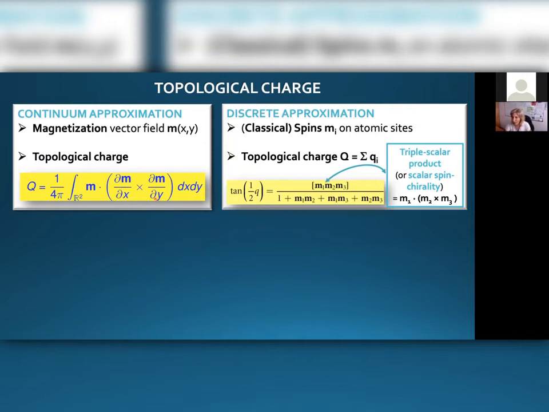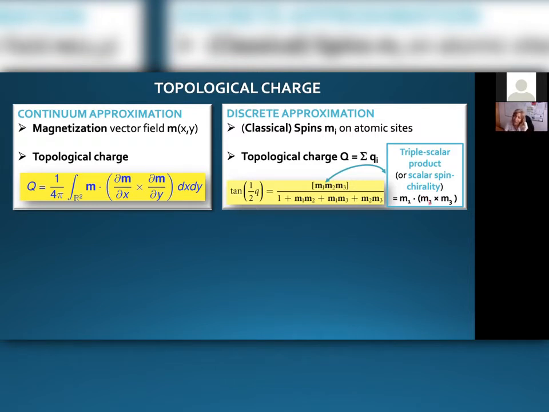But of course, we have discrete spins in our Monte Carlo simulation, so we had to choose a corresponding discrete formulation for our topological charge, which is shown here. The main ingredient of this topological charge is the spin chirality. In our case, we have a triangular plaquette with spins M1, M2, and M3. So we evaluated this scalar spin chirality and summed over the lattice.